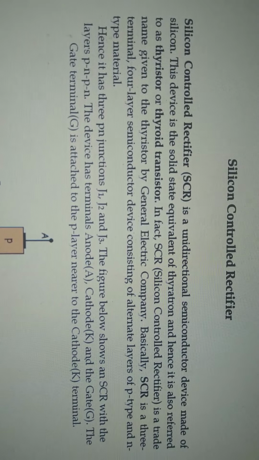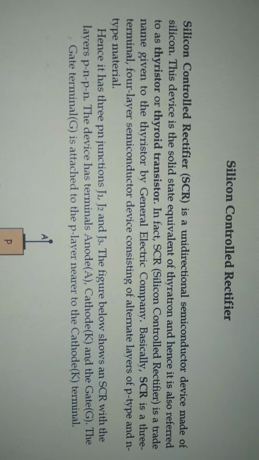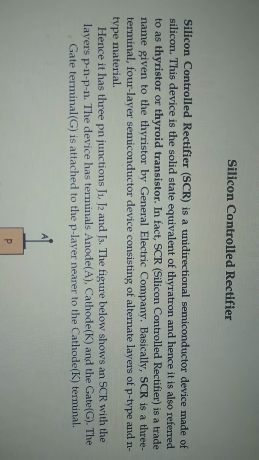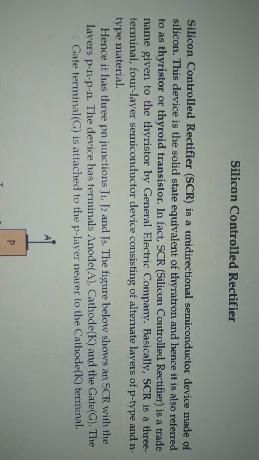That is why it is called rectifier. Because it is having a controlling terminal, the output we are getting from this device is a controlled one. Hence, the name is given like this, silicon control rectifier.